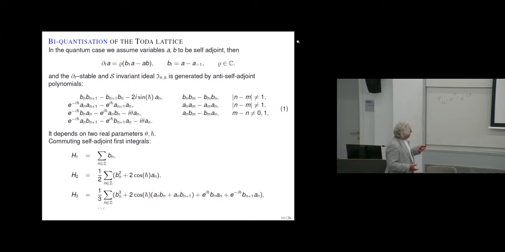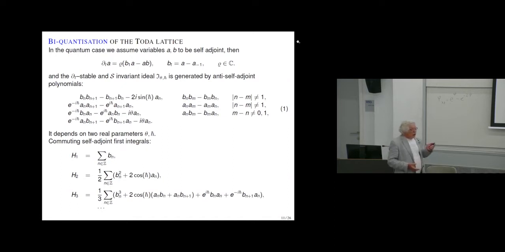And the answer is very simple. Indeed, the ideal exists. Moreover, there exists an ideal which depends on two parameters. So you can fix these two parameters, h and theta.